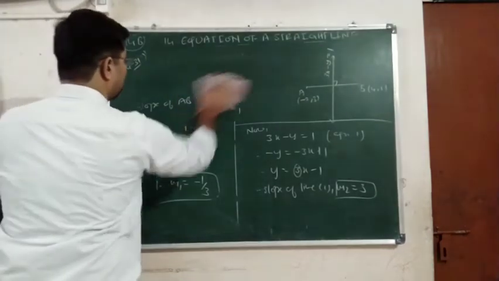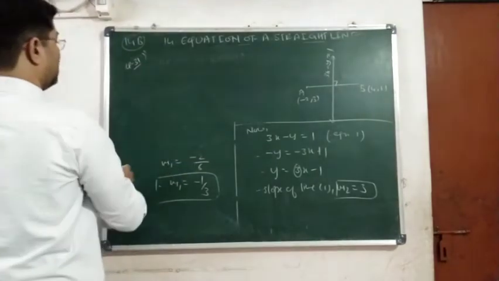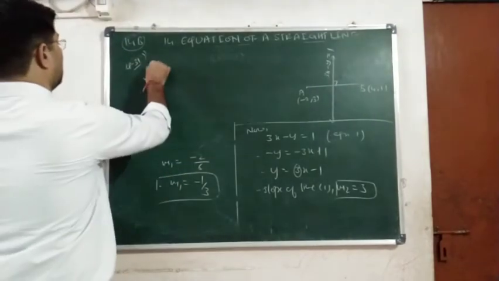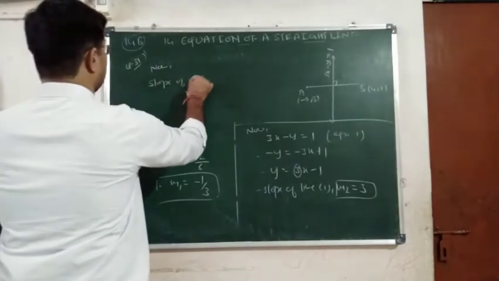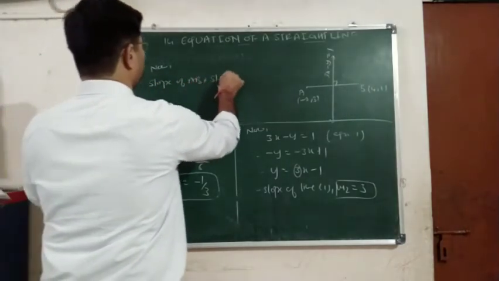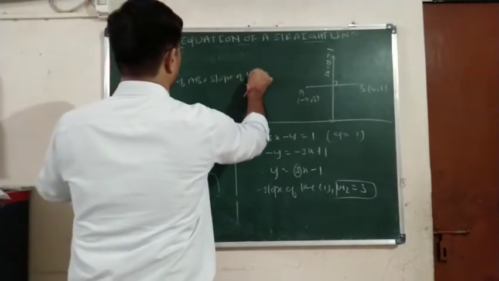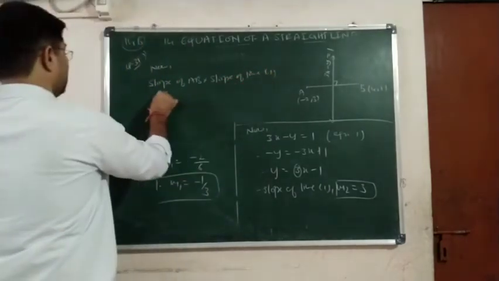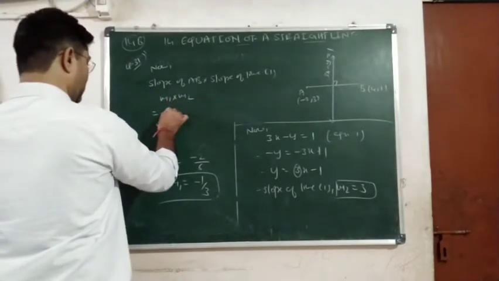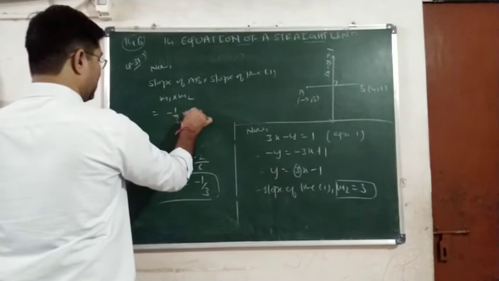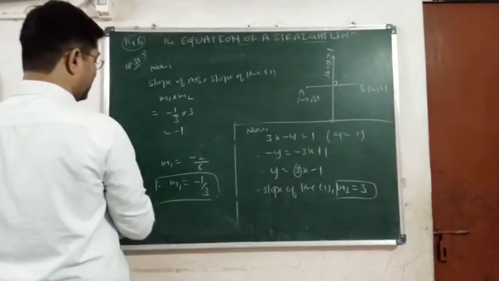Okay, so now the slope of AB into the slope of line 1, that is m1 into m2, is equal to -1 upon 3 into 3, which is equal to -1.